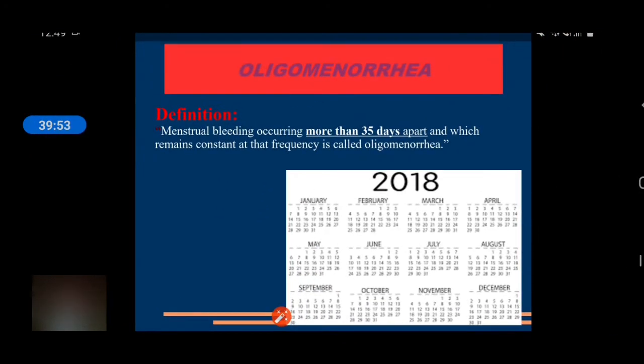So the definition of oligomenorrhea is menstrual bleeding occurring more than 35 days apart and which remains constant at that frequency.